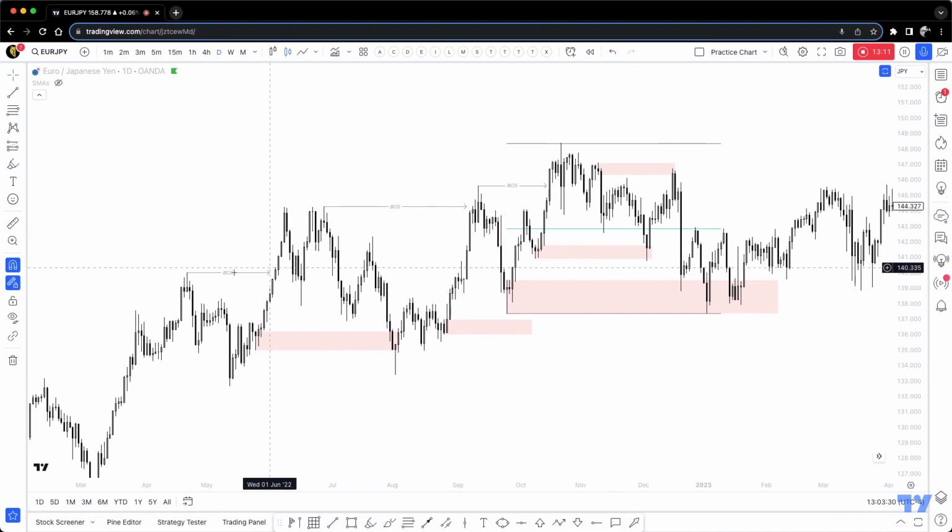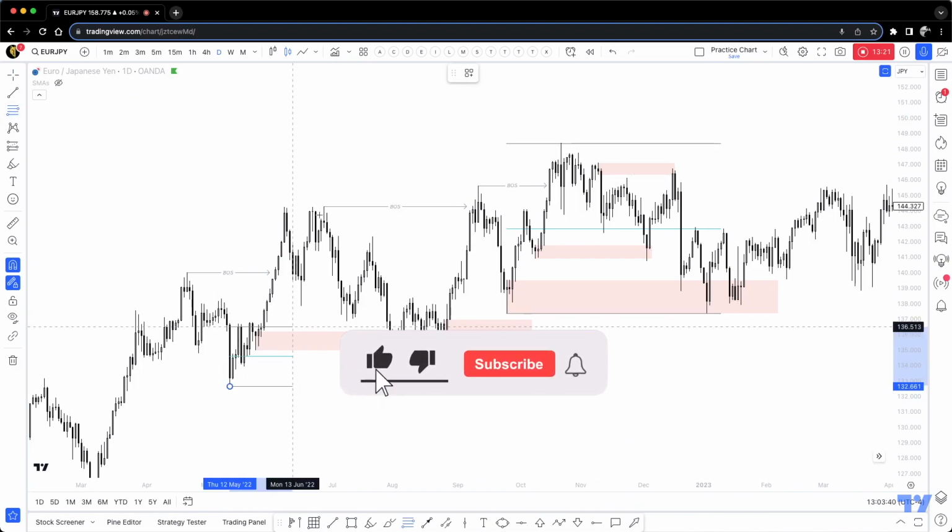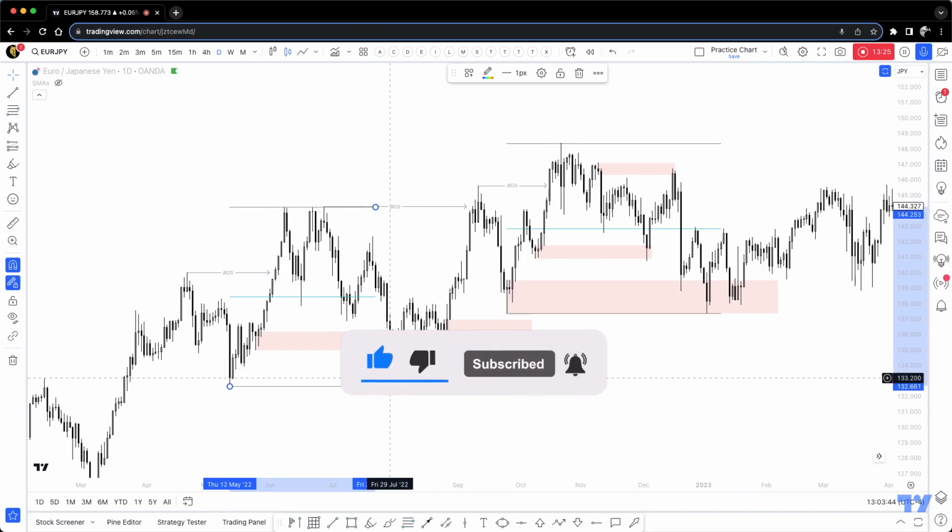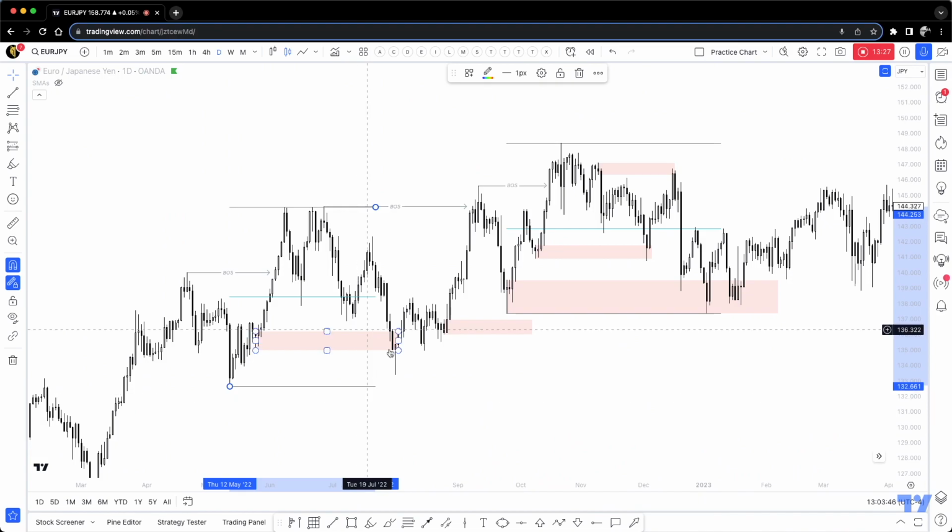Guys, simple. If you have a break of structure to the upside recently, it means price wants to go up. Use your fib from the low to the high. Just simply wait for price to be at your zone in the discount area. So wait for the price to be in the buyer's area. Right here, at the moment, price is in the seller's area.